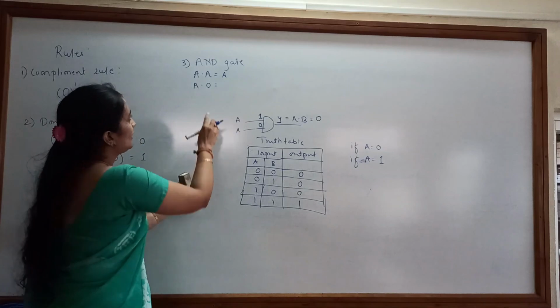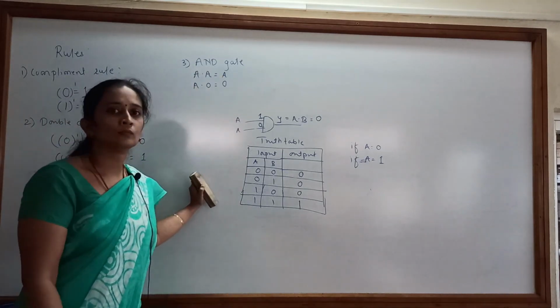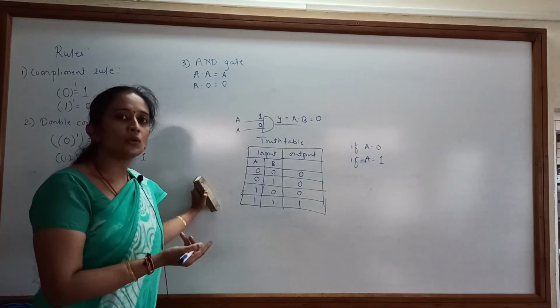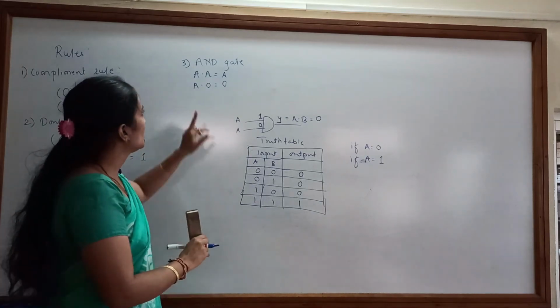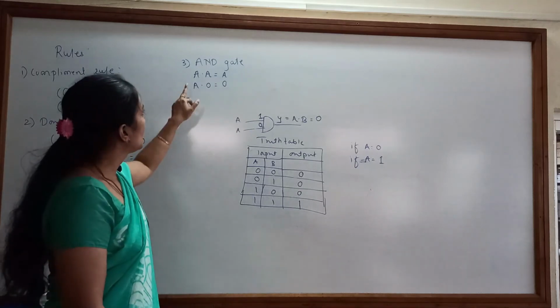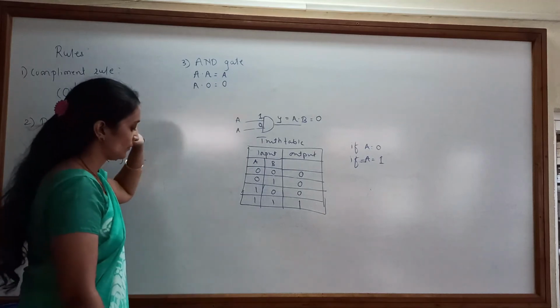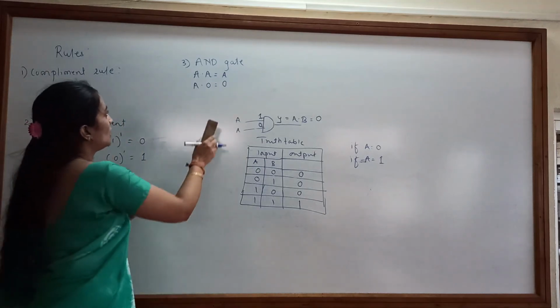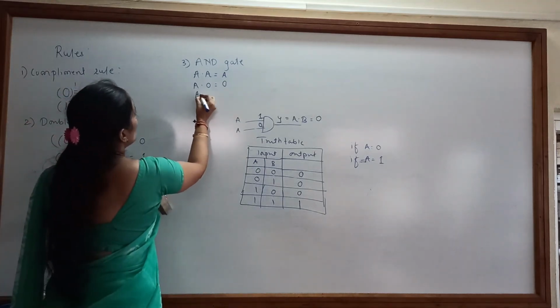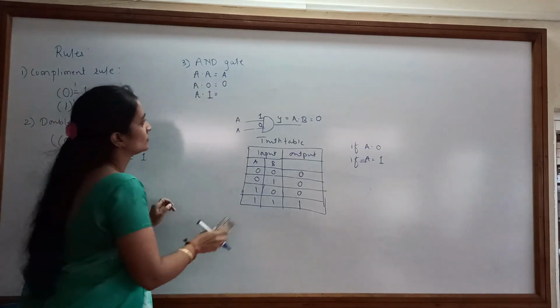Therefore, we can write as A into 0 is equal to 0. If A is equal to 0, answer will be 0. If A is equal to 1, answer will be 0. If we multiply any number with 0, you will get answer 0. This is second rule. Third is A into 1 is equal to what?